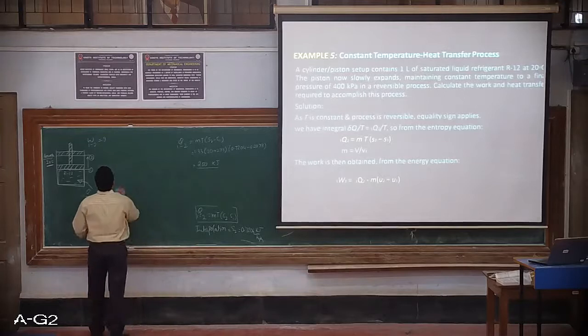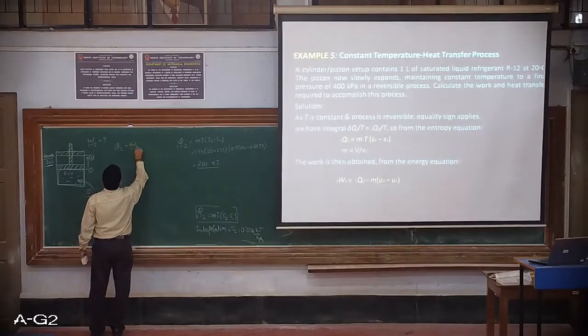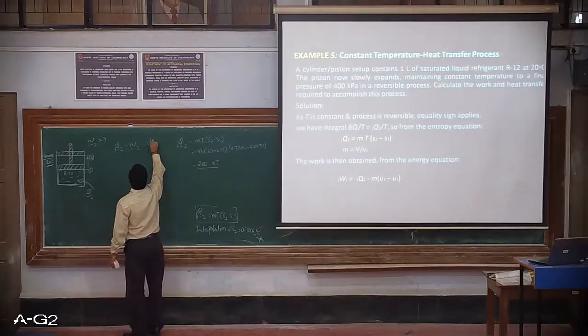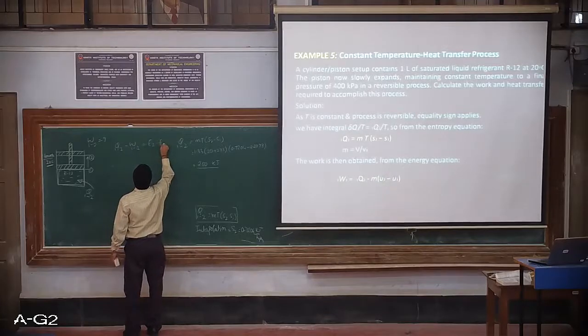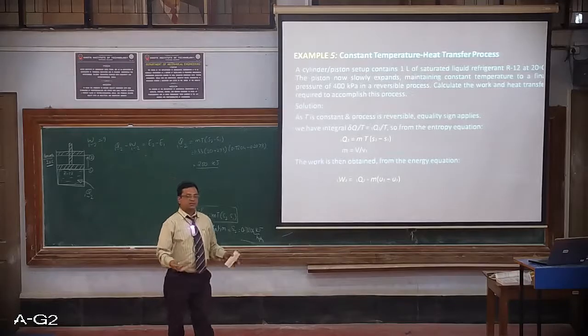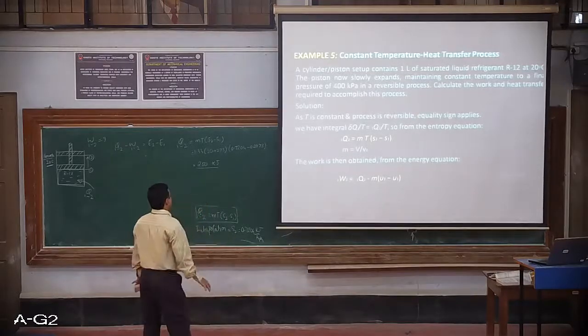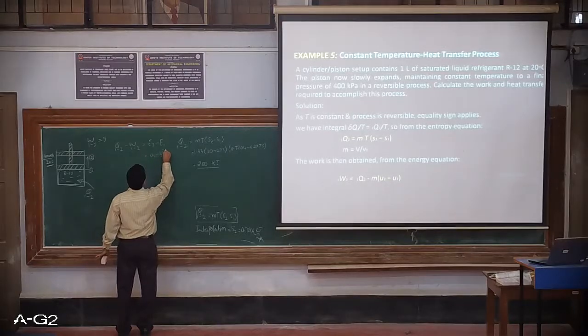We know that from first law, work transfer is equal to dE, or it is E2 minus E1. Since there is no information available about kinetic energy, potential energy, and only internal energy is included, straight away I'll be using U2 minus U1.